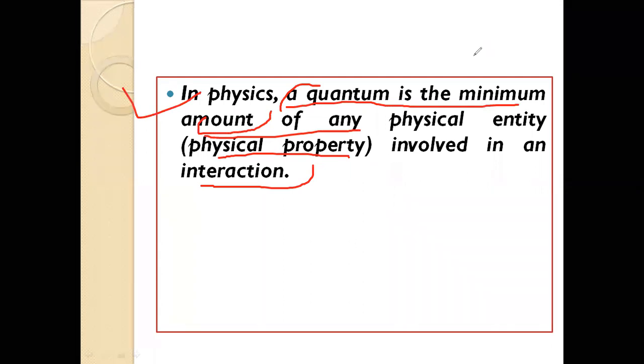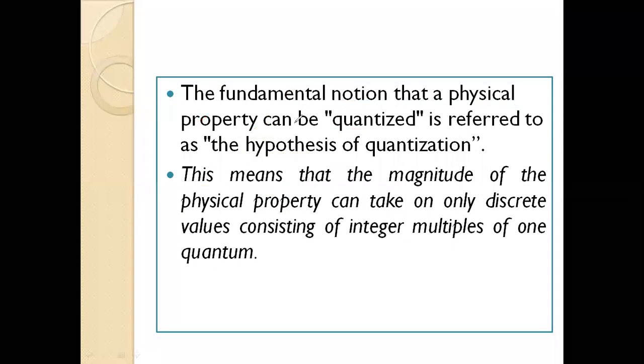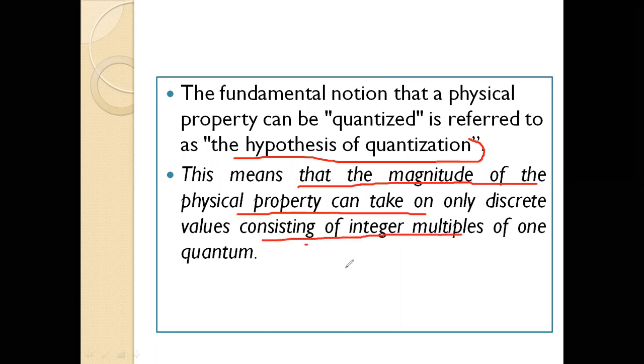Now, the fundamental notion that a physical property can be quantized is referred to as the hypothesis of quantization. This means that the magnitude of the physical property can take on only discrete values consisting of integer multiples of one quantum only. So it is considering only discrete values, and that may be integer multiples of one quantum.